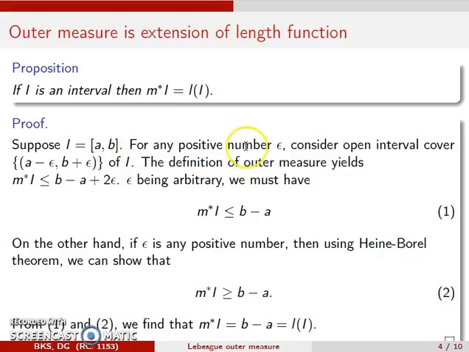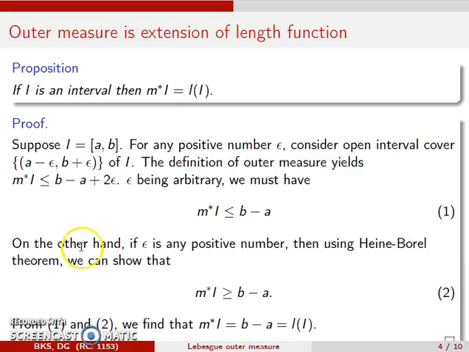So, if I choose a positive number epsilon, then the open interval cover (a minus epsilon, b plus epsilon) contains only one member, and so m star of I is less than or equal to the sum of lengths of this open interval cover, which is equal to b minus a plus 2 epsilon. And because epsilon is arbitrary, we must have m star of I less than or equal to b minus a.